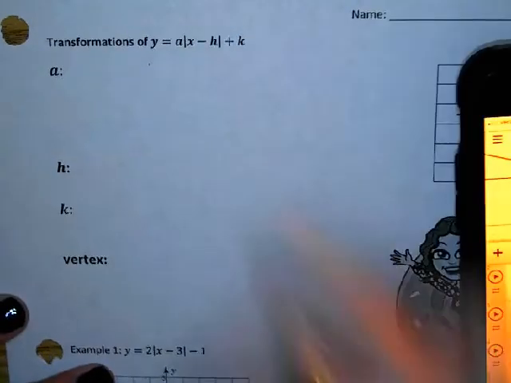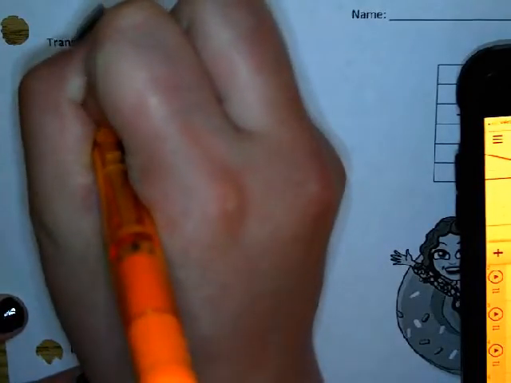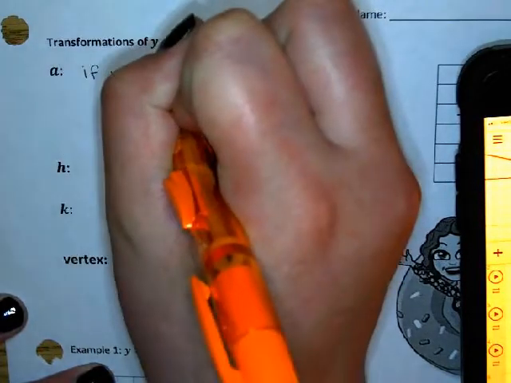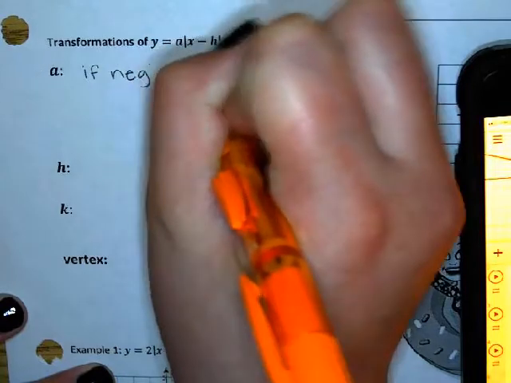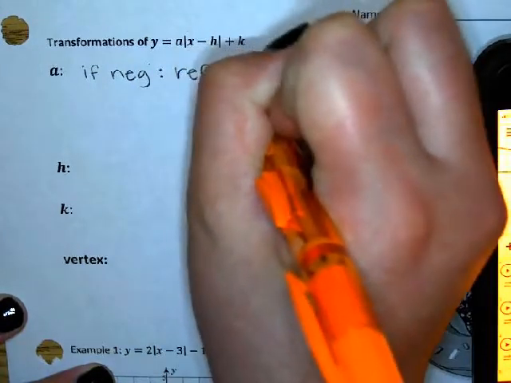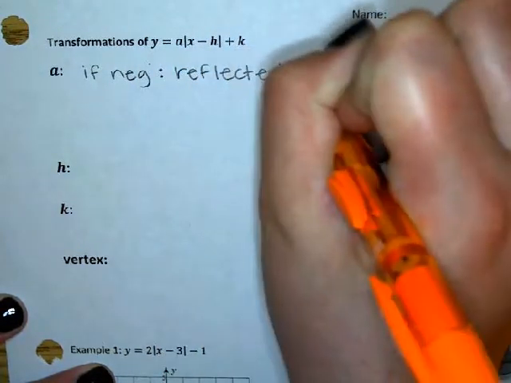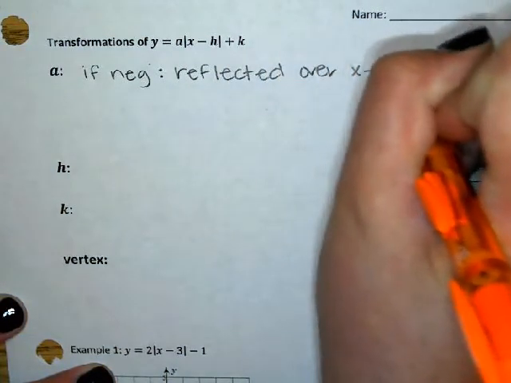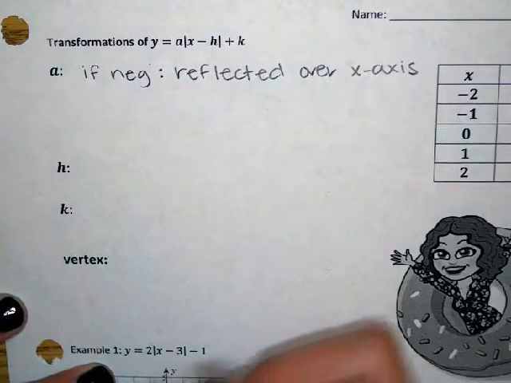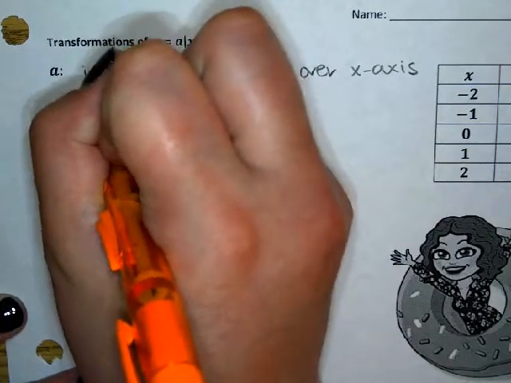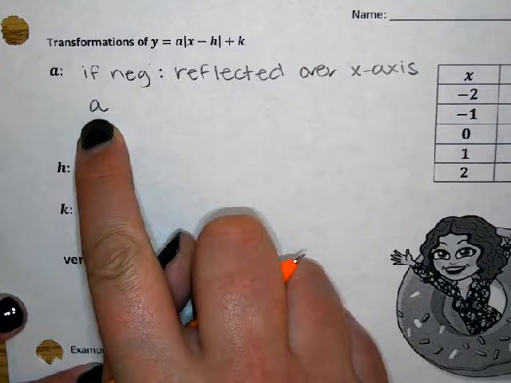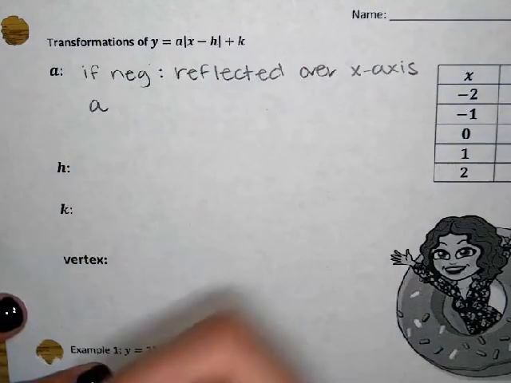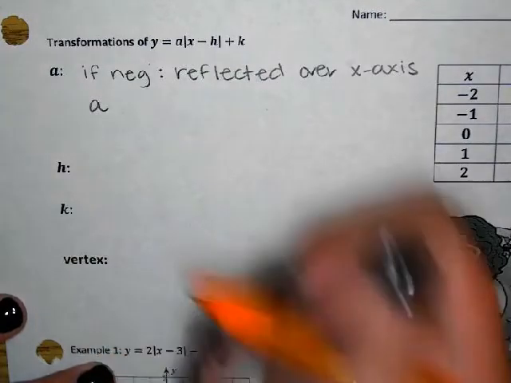So I'm going to say if the A value is negative, we have that the graph is reflected over the x-axis. All right. And then if the size of A is small, so we're going to think about fractions like 1/3, 1/2, small decimals, 0.3, 0.7, things like that.